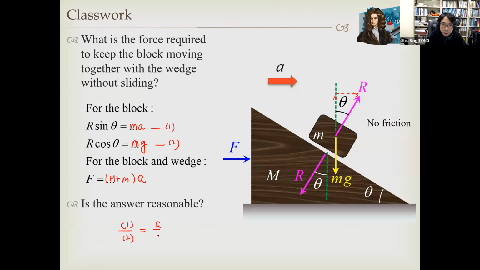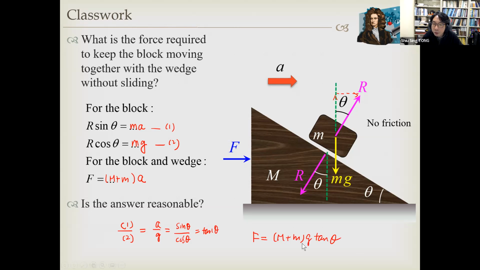And A over g is equal to sine theta over cosine theta, which is tangent theta. So you now know A. A is just g tangent theta. So the force required is (M plus m) g tangent theta.